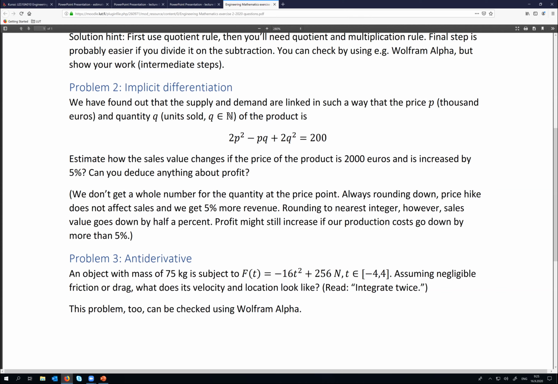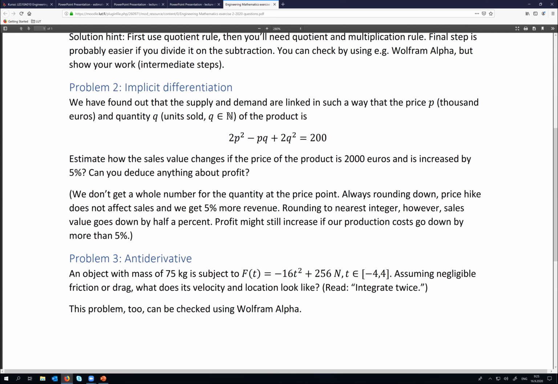The constants there, the 2s and 200s and minus 1, are not real, but typically you would expect to see functions of similar shape when you're thinking about supply and demand.